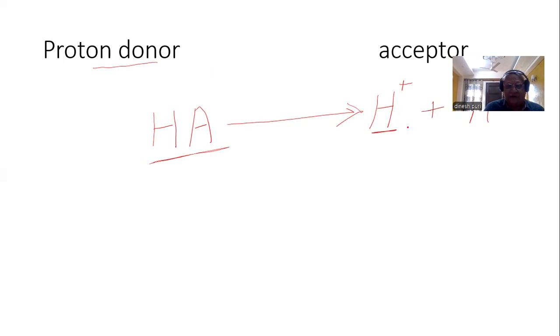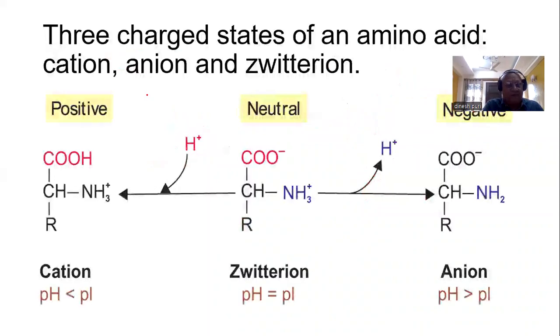Now it is dissociating into H plus and A minus. Let me write here, it's a reversible reaction. So A minus will accept a proton to give rise to HA. So a proton acceptor is a base, a proton donor is an acid, and amino acids are able to act as both.